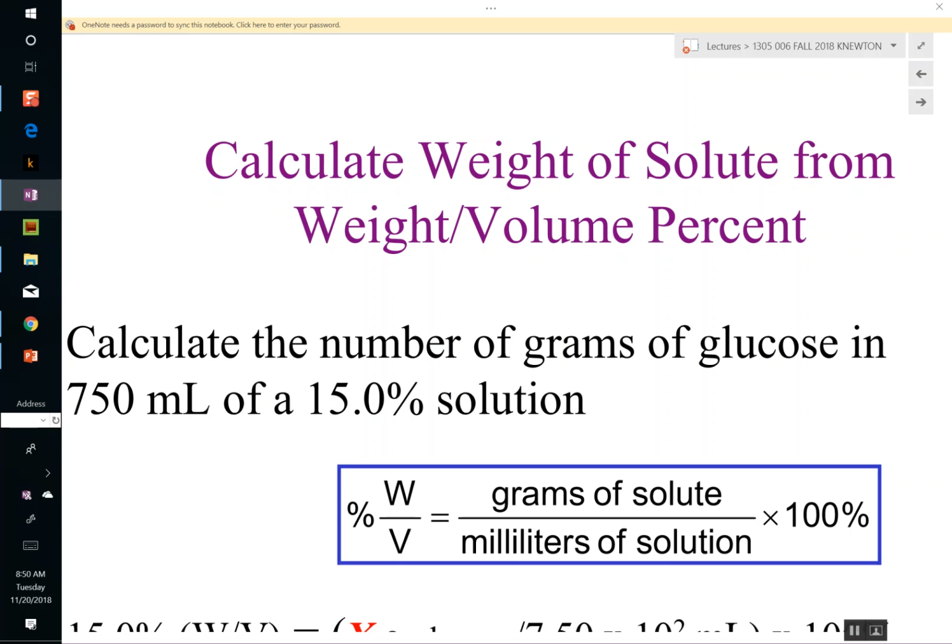So we have weight volume percent equals grams per milliliter times 100%. Now notice that this problem is asking you to calculate this. This is your unknown.